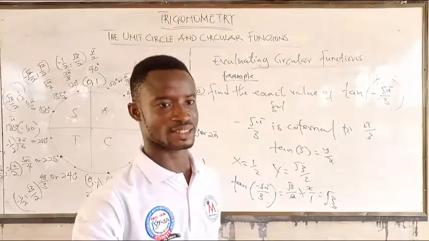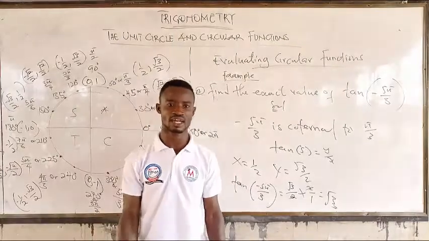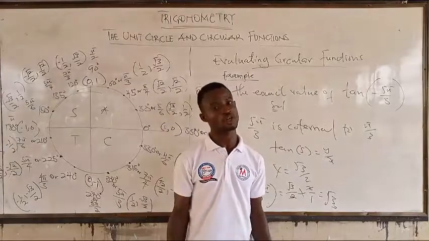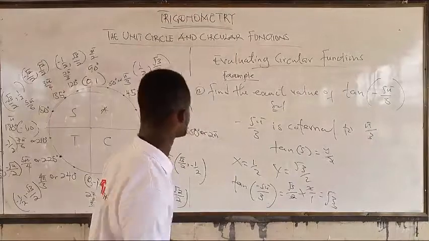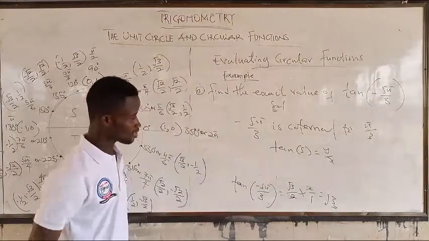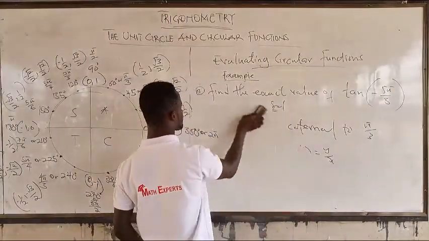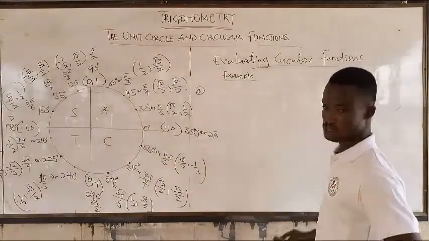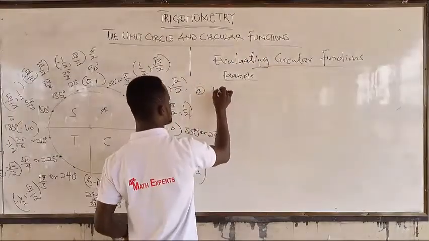Let's look at our next example. It says: use reference angle and degree or radian conversion to find the exact value of cos 2π/3. Oh, no problem. Let's go for that. I hope you are done writing it. Here we have to use reference angle. Let me write it for you.